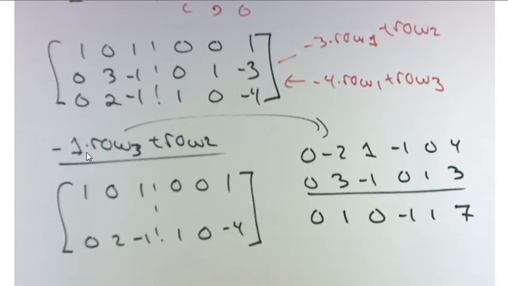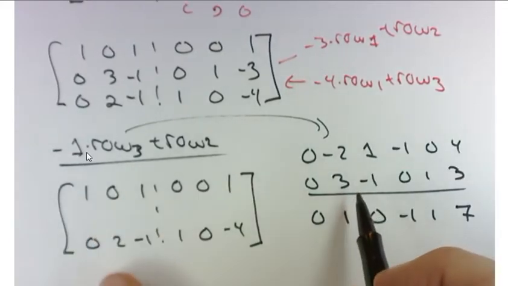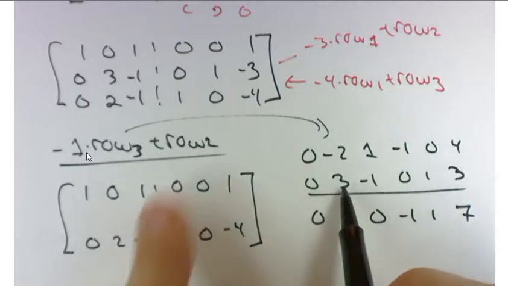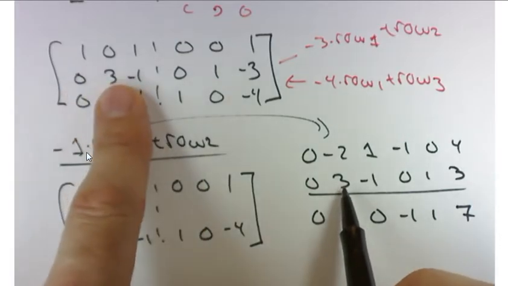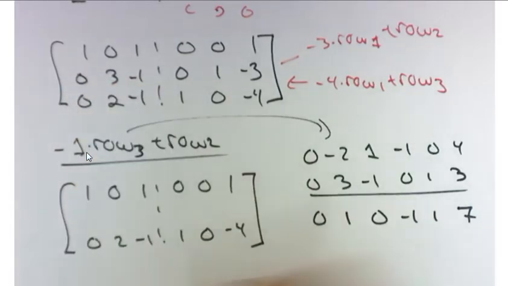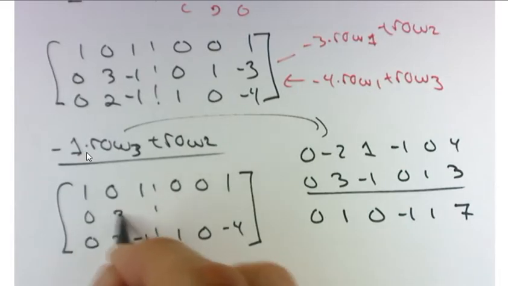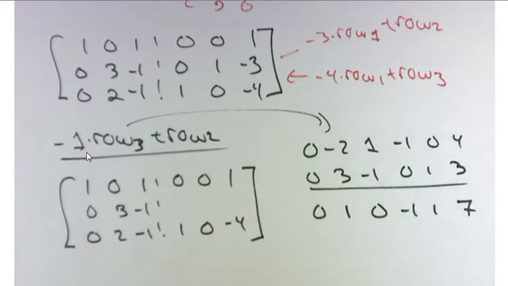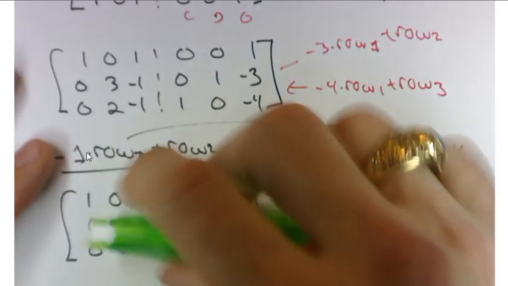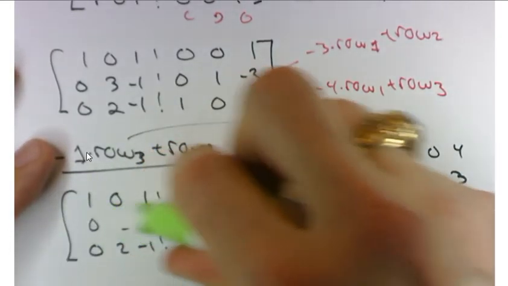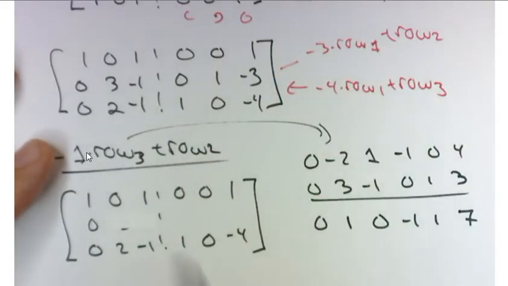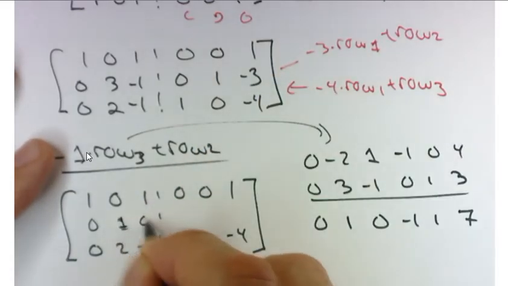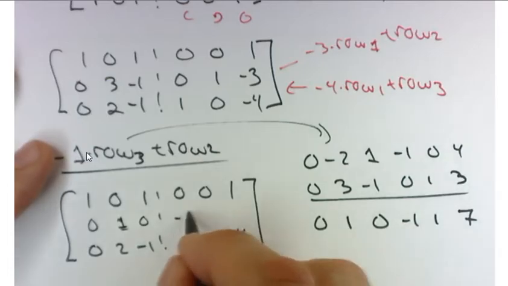Why isn't it 0, 2, -1? Where? Here? Yeah. That's row 2. Oh, no, it's all right. Appreciate you checking me. So I've got to copy this row here now. 0, 1, 0, and then -1, 1, 7.